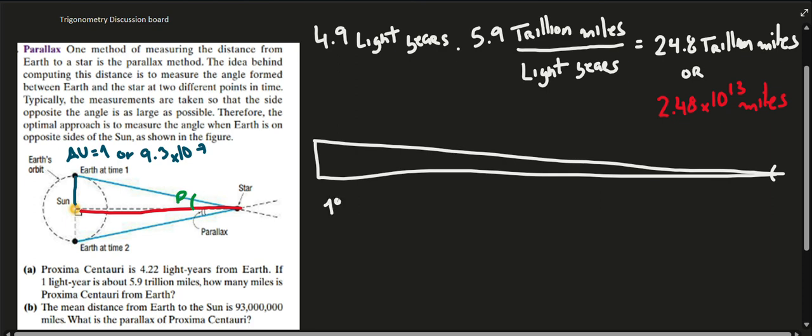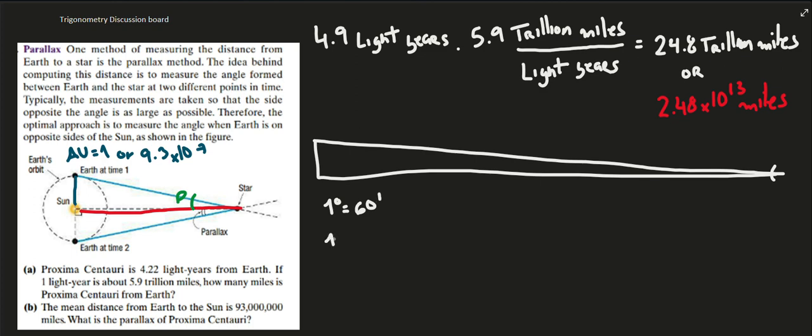We can transform 1 degree into 60 minutes of arc and 1 minute of arc into 60 seconds of arc. So any measurement of angles will use the unit 1 degree over 3600.